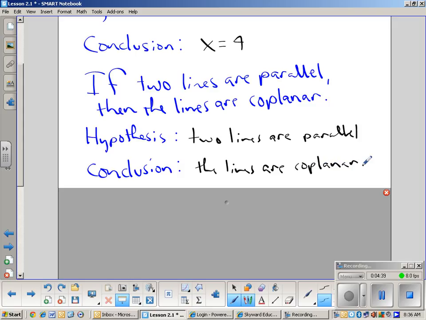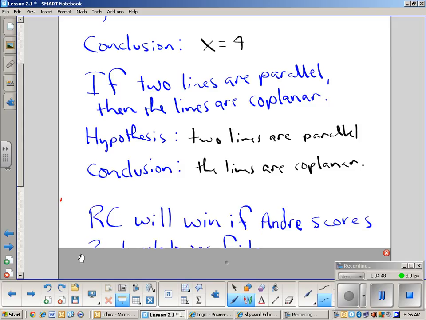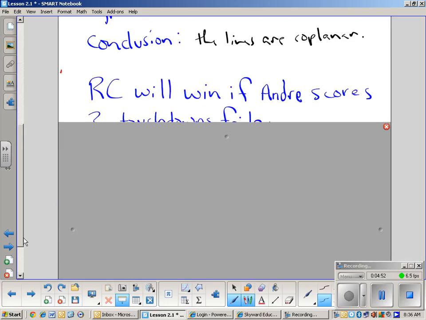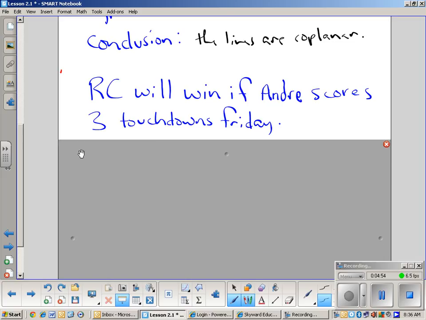Okay? Good. Very straightforward. When they give it to us if, then, it's very straightforward as to how to find it. Unfortunately, they don't always give it to us that way. Our RC will win if Andre scores 3 touchdowns on Friday.